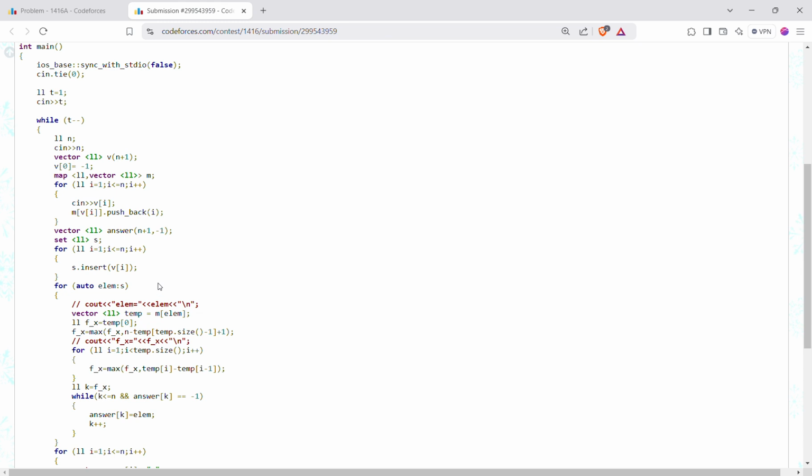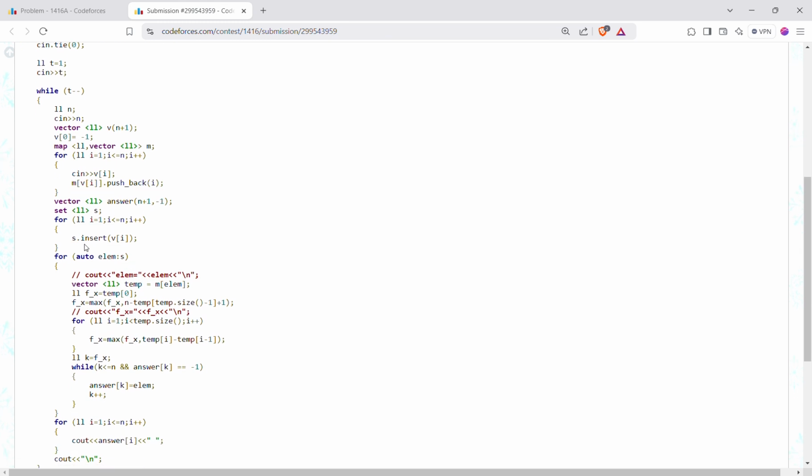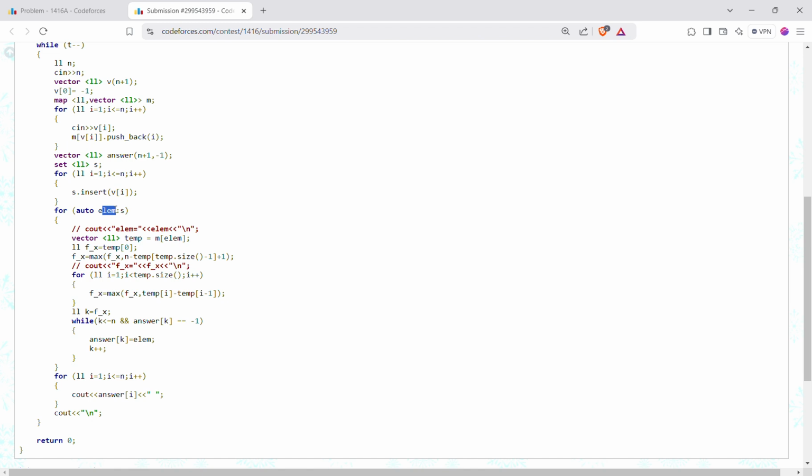Elements in the set are by default sorted. So for every element in set S, this is the temporary vector. This is for updating k based on the values in that vector.